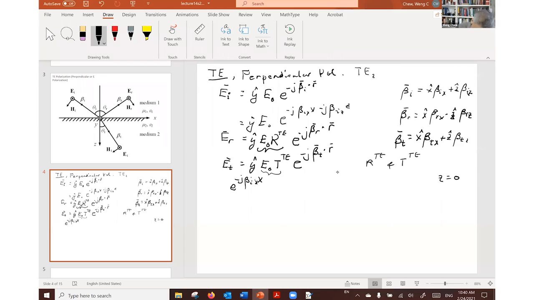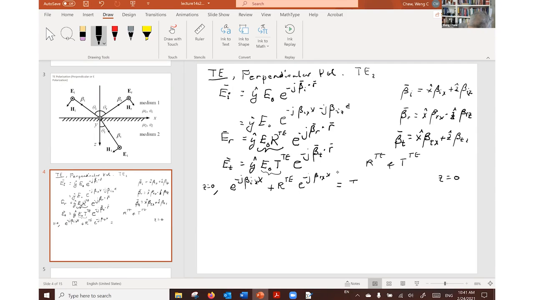And then I have to add in the reflected wave. I do the same thing to what I have in the exponent there. And again, because I set Z equal to 0, this component disappears. So if I add the first two waves, EI and ER, and then set Z equal to 0, I get this to be the tangential component of the electric field in medium 1, and then in medium 2, I will have to write that down.